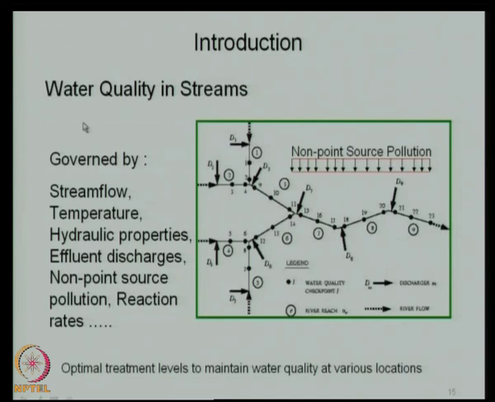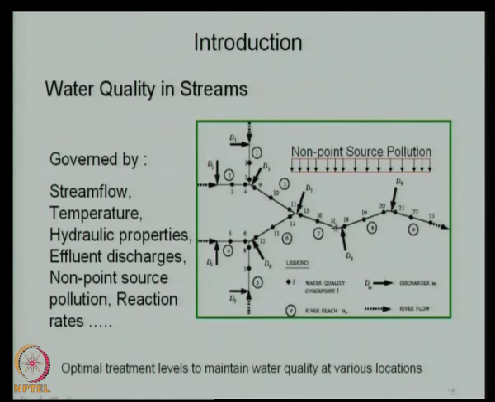Then you have water quality in streams. For example, this is a stream network where you have a large number of point sources of pollution. D1, D2, D3, etc., are all the point sources of pollution. As I said, it can be industrial effluent, it can be municipal effluent, and so on.